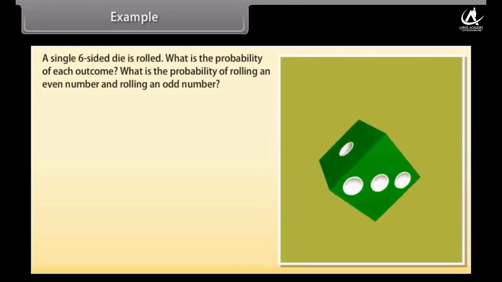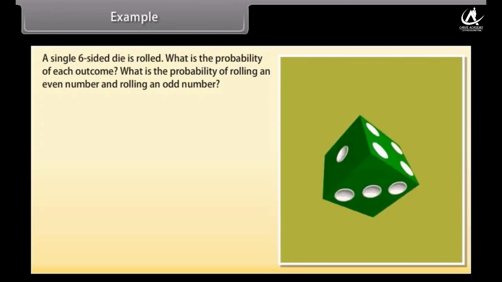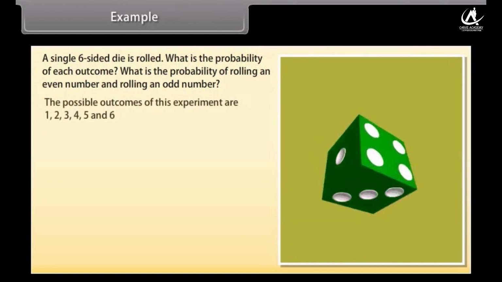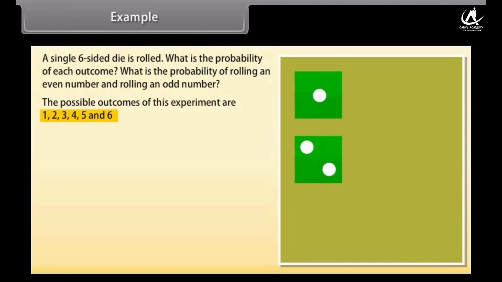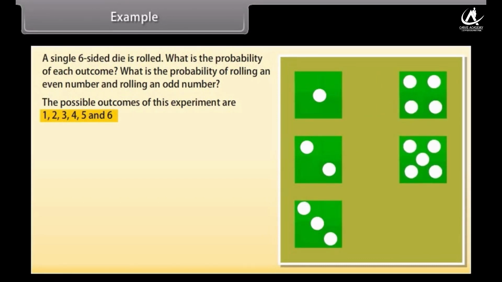A single 6-sided dice is rolled. What is the probability of each outcome? What is the probability of rolling an even number and rolling an odd number? The possible outcomes of this experiment are 1, 2, 3, 4, 5 and 6. Now let's find probabilities.